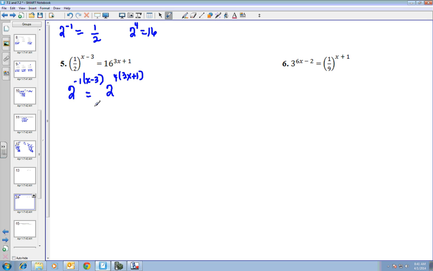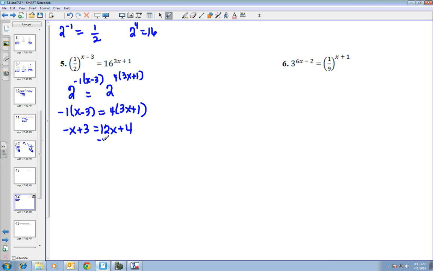So I have the same bases. That means now I can set my exponents equal to each other. So now I'm going to solve. I have negative x plus 3 equals 12x plus 4.